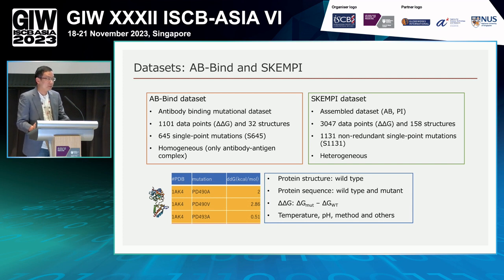They are wild type structures. For the testing, we predict the mutant structures based on the wild type structures. And on the SCAMPy dataset, there are over 100 structures, and all of them are wild type, and we predict the mutant structures based on the wild type.